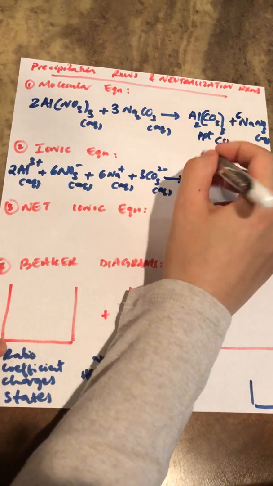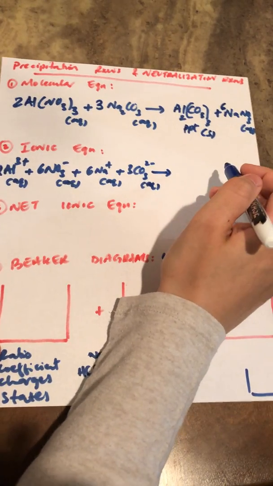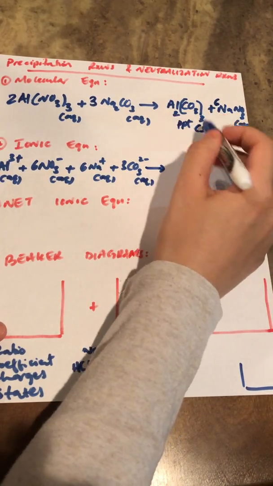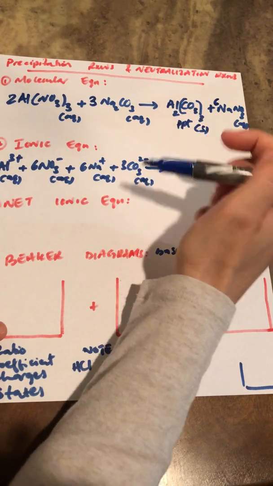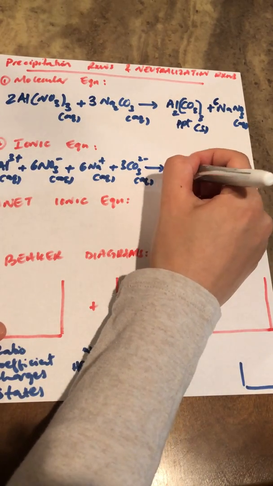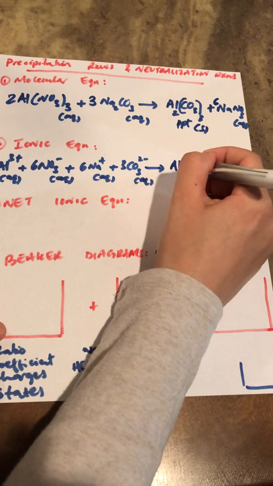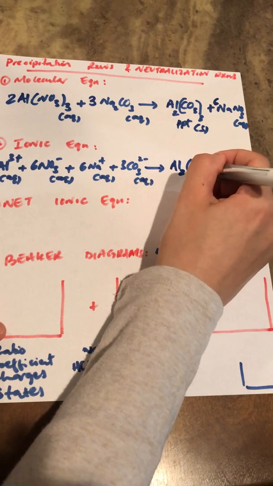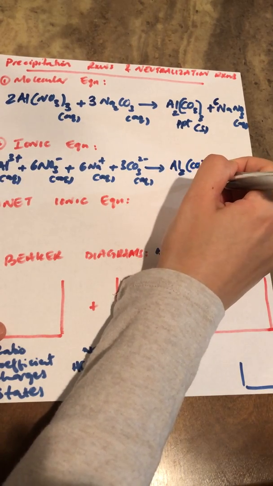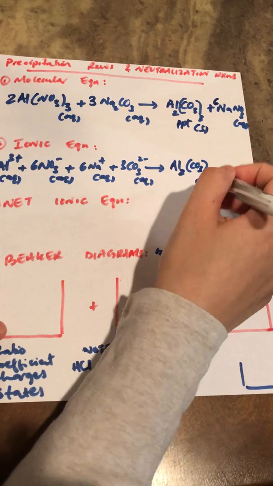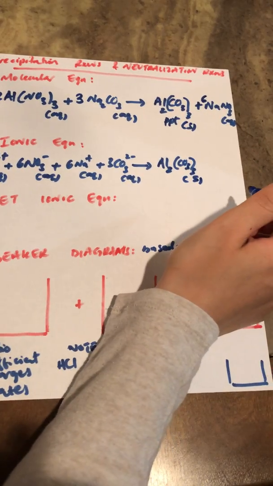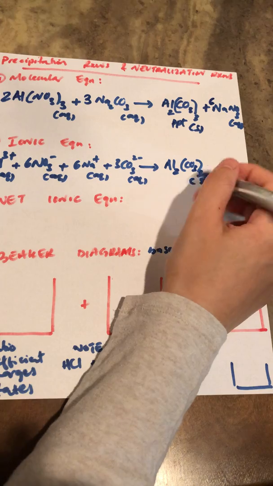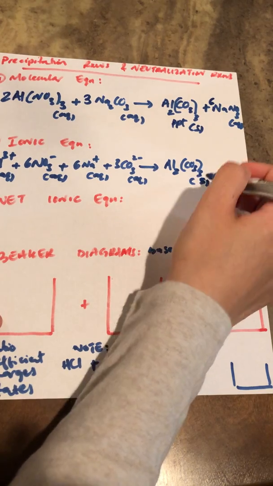And now I'd have to actually write the products over here. Now, since this is in solid phase, this is our precipitate, I will leave it as it is. So I'm just going to bring it down as it appears, and I'm not going to break it apart at all. I'm going to include that solid phase so that whoever is grading this work could know that I know what I'm doing.